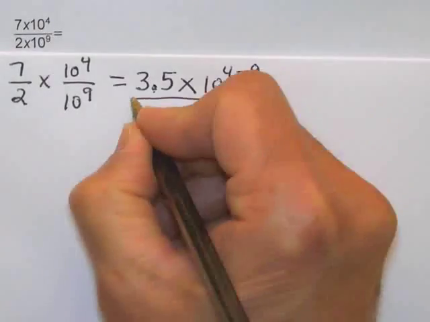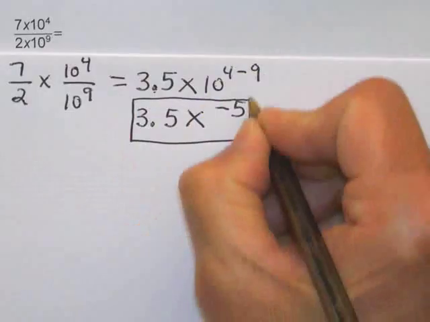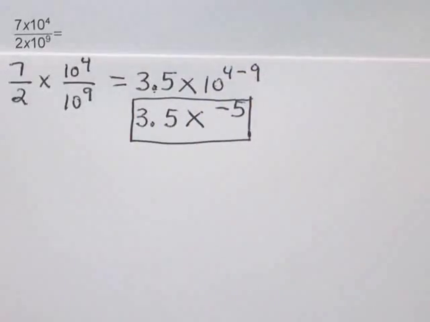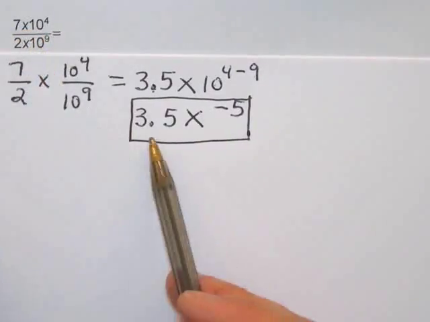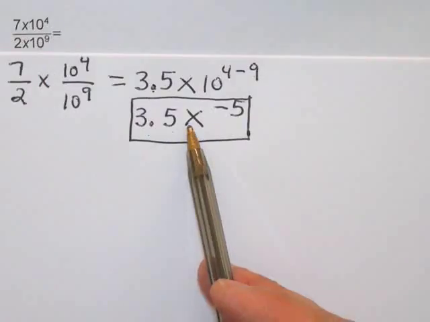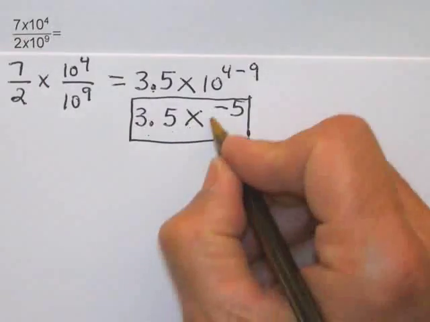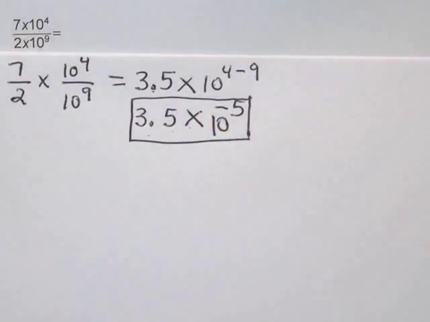And that would be your answer in simplest form. So 7 multiplied by 10 to the 4th divided by 2 multiplied by 10 to the 9th simplifies to 3.5 multiplied by 10 to the negative 5th power. Sorry about that, I left out my base.